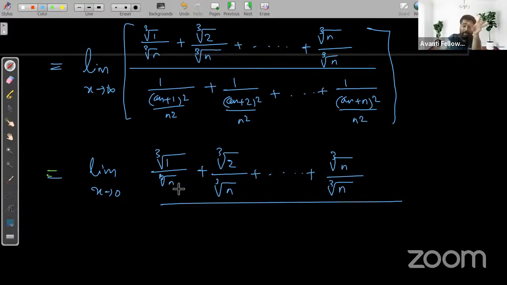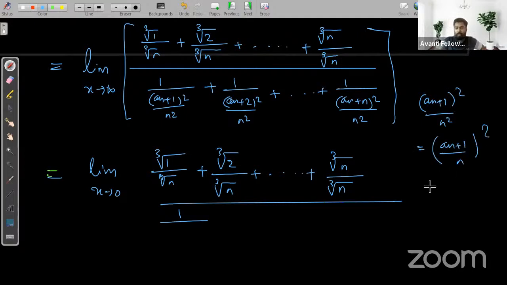In the denominator we can write this as 1 by n plus 1 by n whole square, right? N plus 1 whole square divided by n square can be written as n plus 1 divided by n whole square. So this can also be n by n, that is a plus 1 by n whole square. These calculations we will do in the denominator.